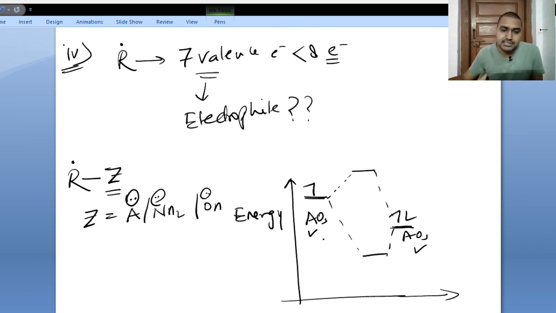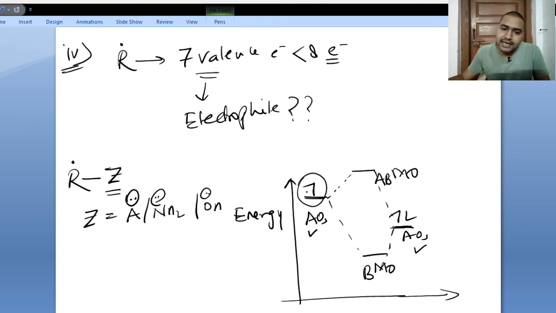The first is the bonding molecular orbital and the second is the anti-bonding molecular orbital.